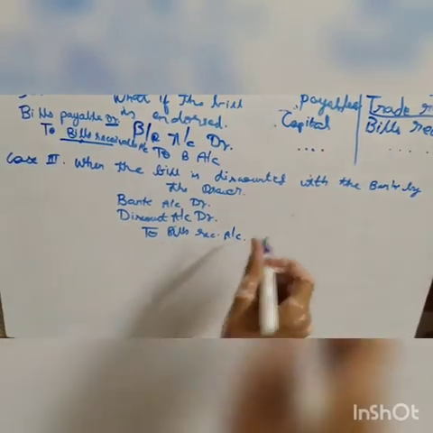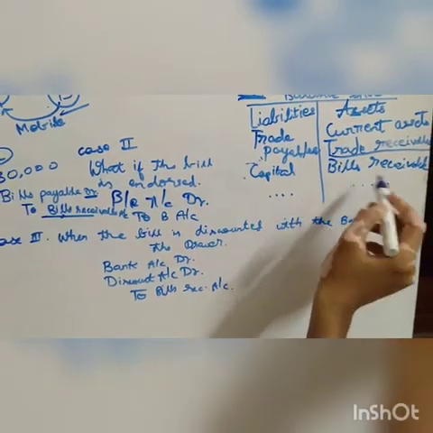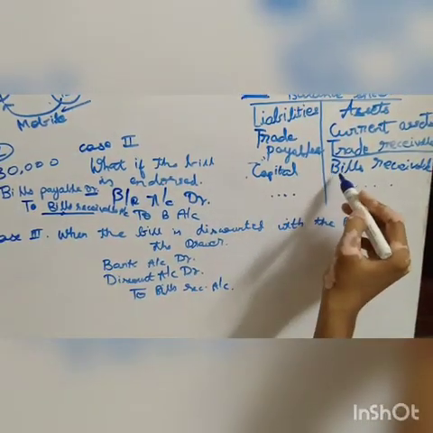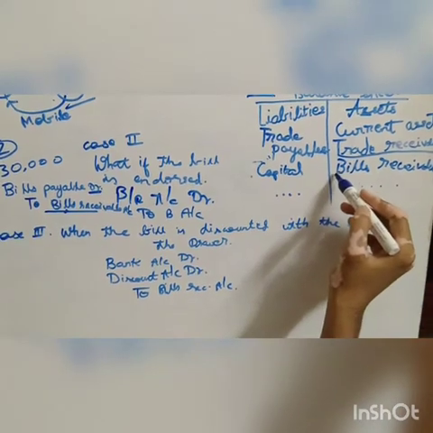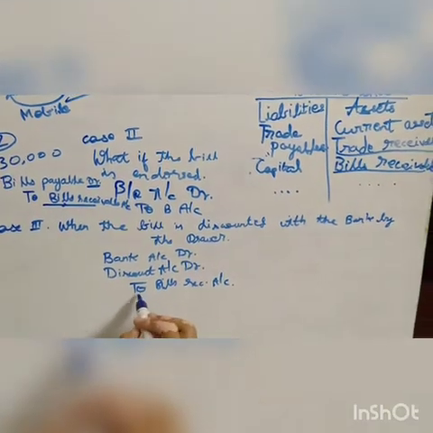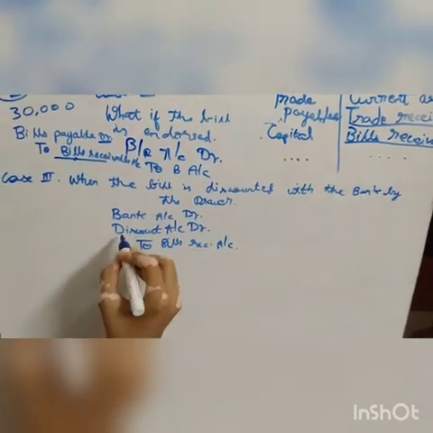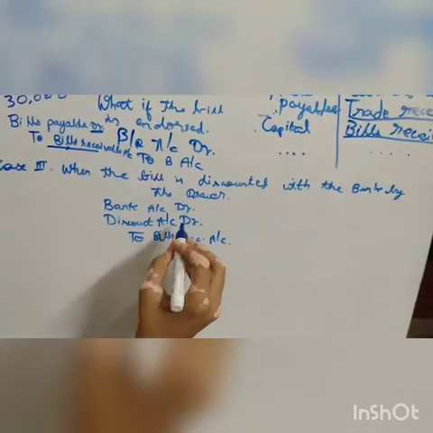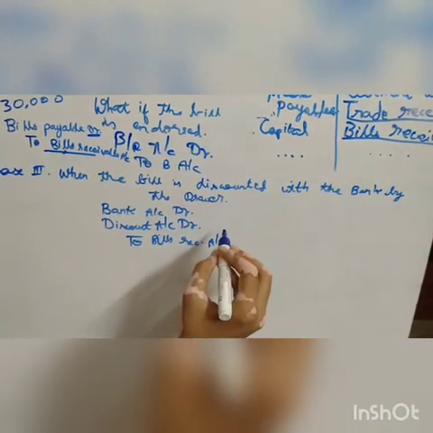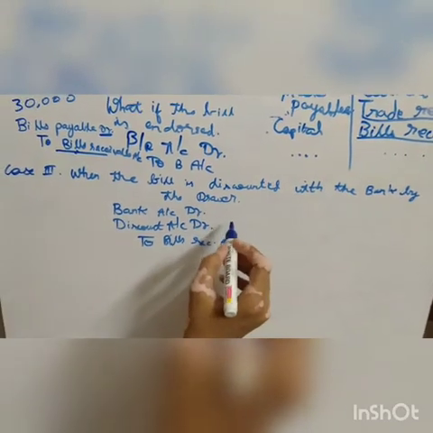Why do we credit here? Since when we discount it with the bank, the bank takes care of collecting the money from B, so the bills receivable is disappearing from our balance sheet. So it is credited. Bank is receiving the amount, so it is debited. Discount account is debited since it is of nominal nature. Why does the bank take the discount?